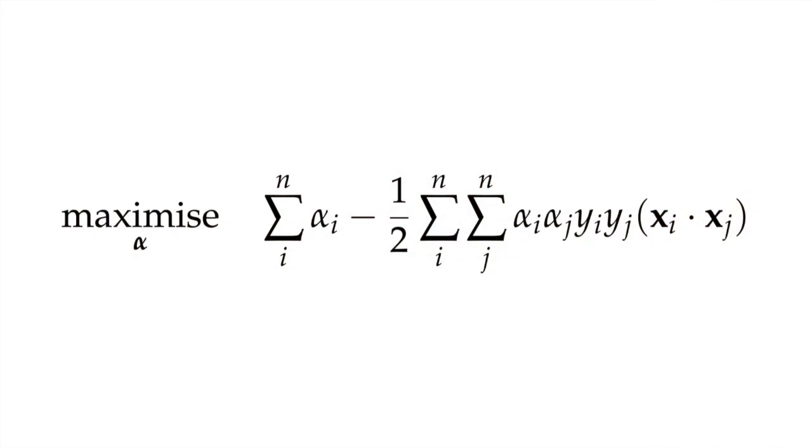The second really interesting and important property that we see here in the solution is that the fitting process, this dual optimization objective that we are going to solve, only depends on the input data in the form of pairwise inner products between individual vectors.